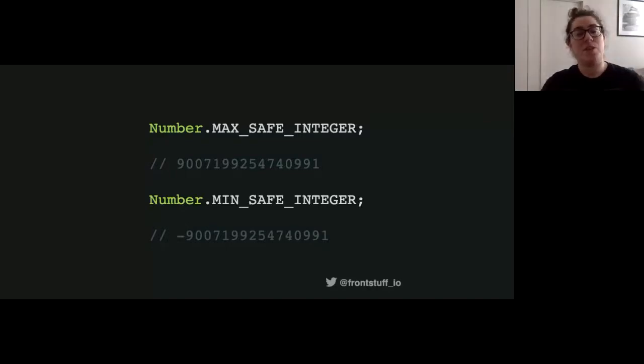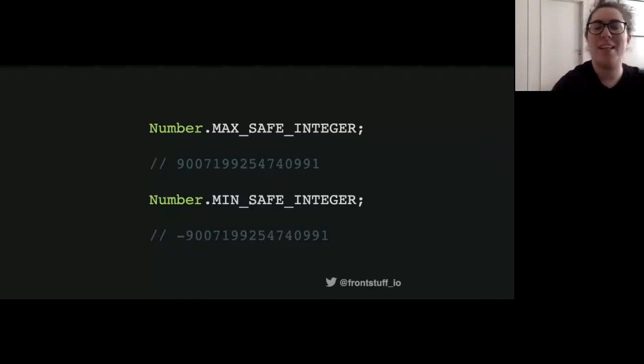That's because there is not enough space in the floating point model to represent higher than that. And as you can see, that sounds like a reasonable threshold. It's like 9 quadrillion. Like, when are you going to represent money that is that high?